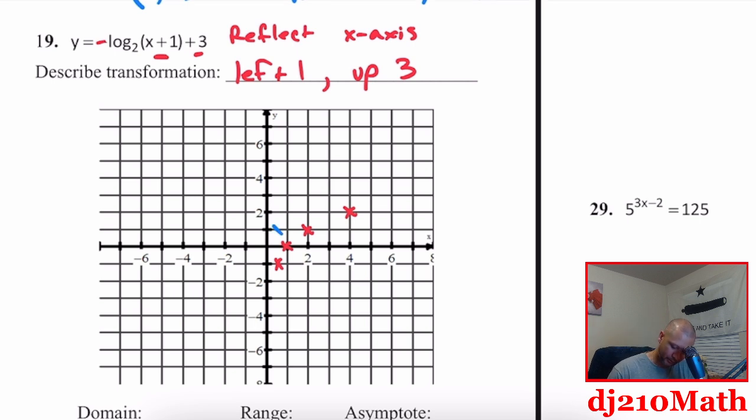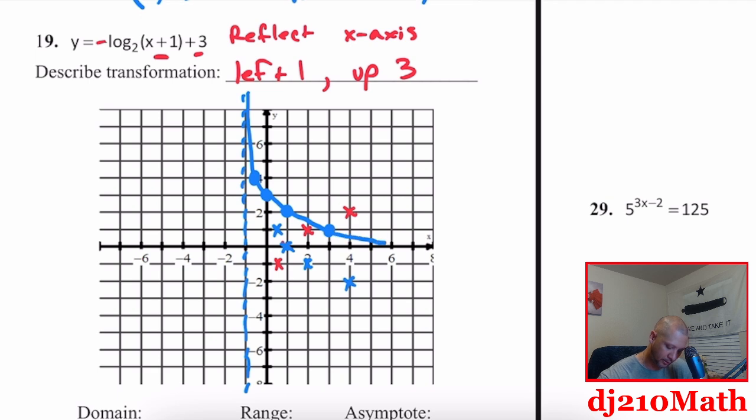So reflecting across the x-axis. There's the reflection. Now, left 1, up 3. So left 1, that's going to move the asymptote to the left. So left 1, up 1, 2, 3. So there's the first one, second one, third one, fourth one. All right, connect the dots.